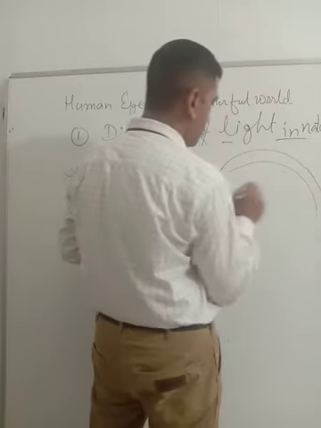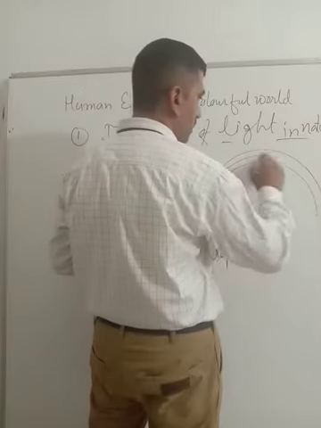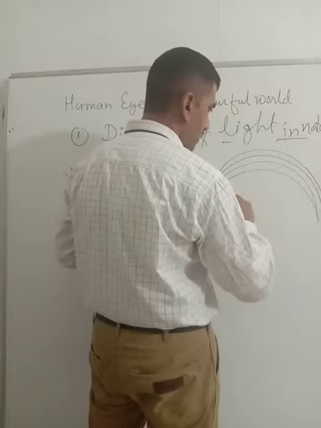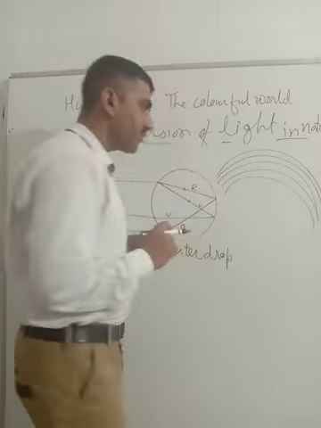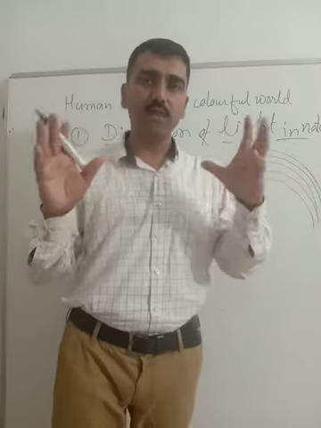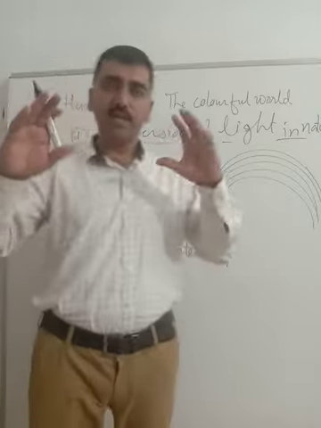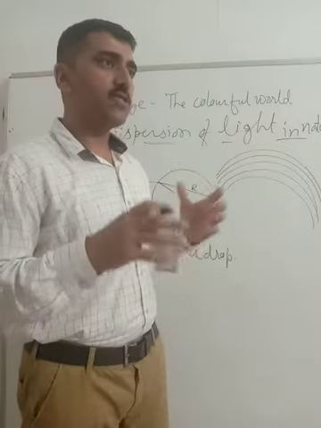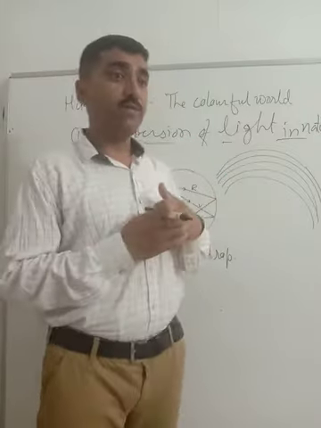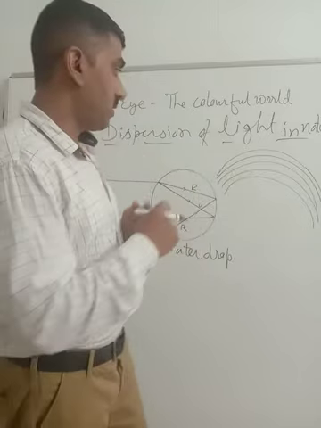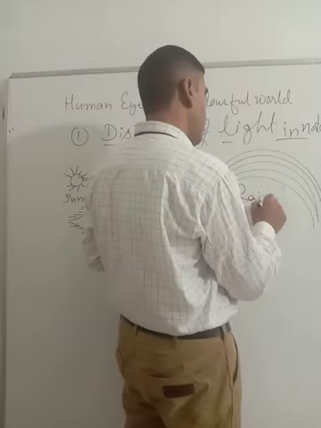This spectrum of 7 colors you will see. We call it the golden smile of the sky. Generally, after a rain shower, or during a rain shower, or even in fountains, we see a rainbow. So this is your rainbow.